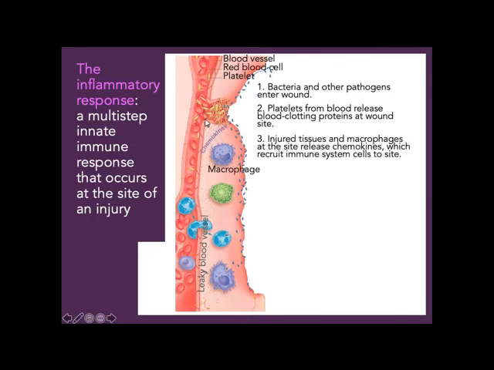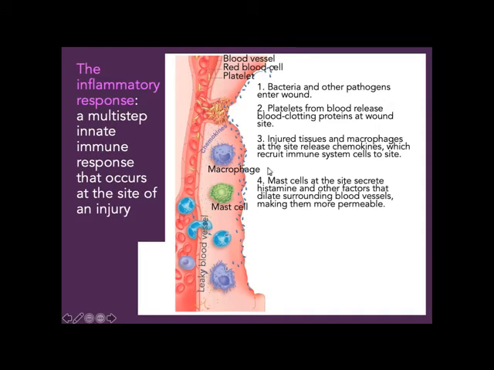All right, the tissue that gets injured, and also macrophage cells, these big globby ones that were at the site that got injured, will start releasing a chemical called a chemokine, and the chemokine sends a message which recruits immune cells to that area.